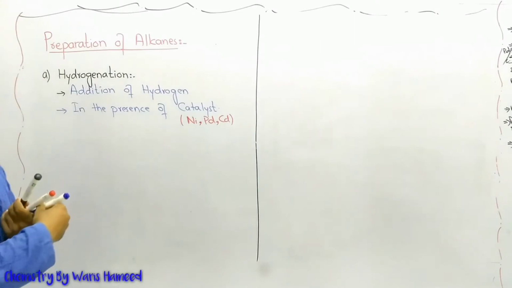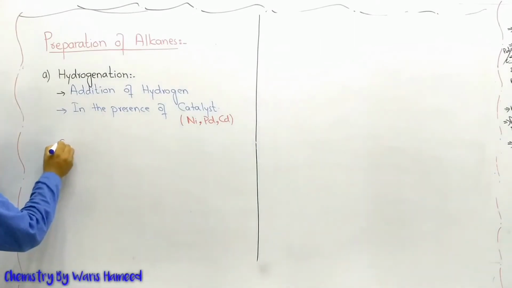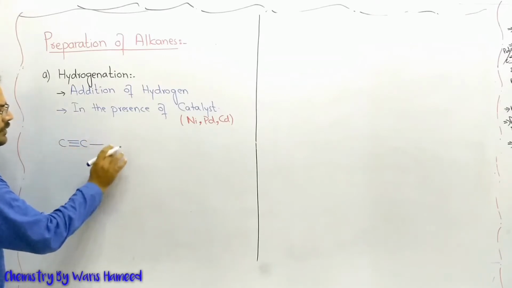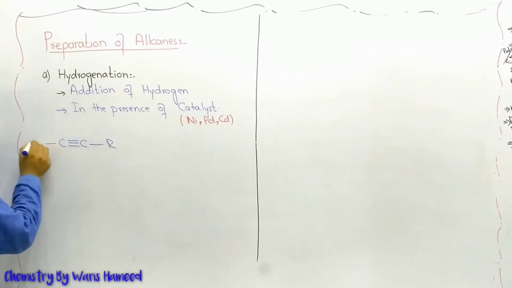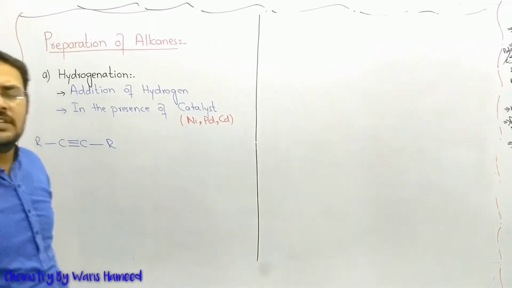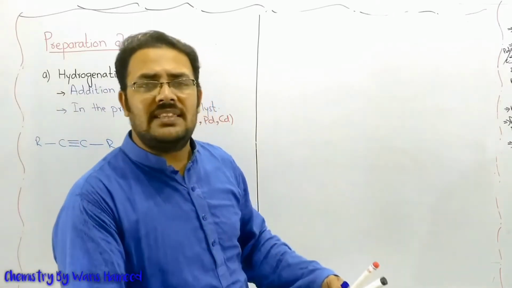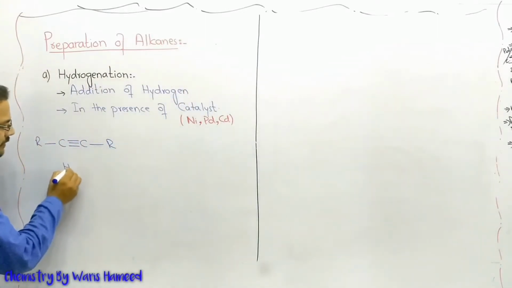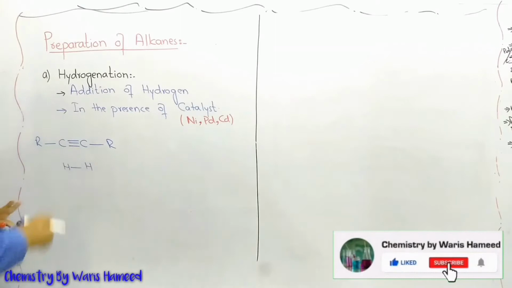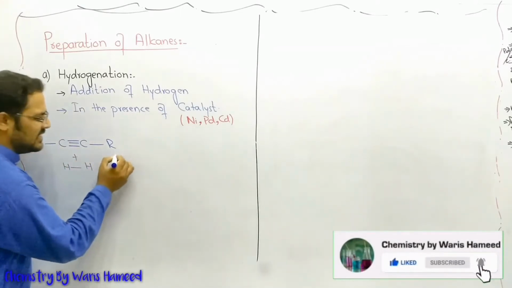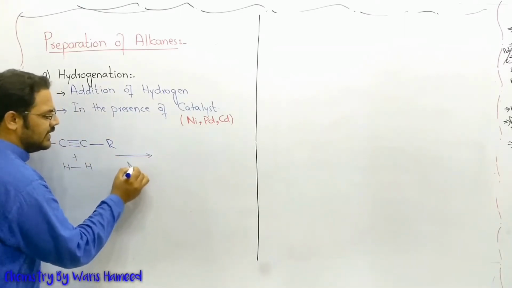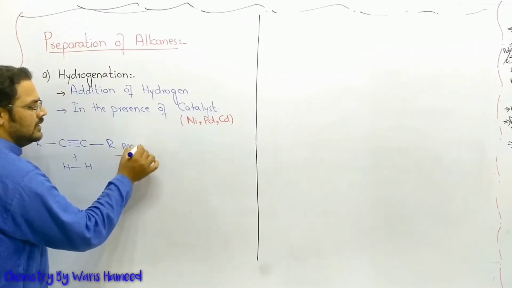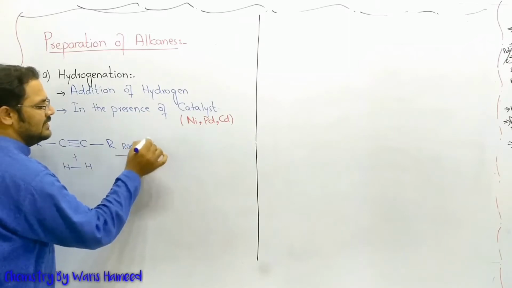First, I am taking alkyne, carbon triple bond carbon, and here will be any group. I am putting just an alkyl group. You can use hydrogen, CH3, CH2, CH3, depending upon your own choice. I am hydrogenating it in the presence of a catalyst like nickel, and the temperature will be 200 to 300 degrees Celsius.